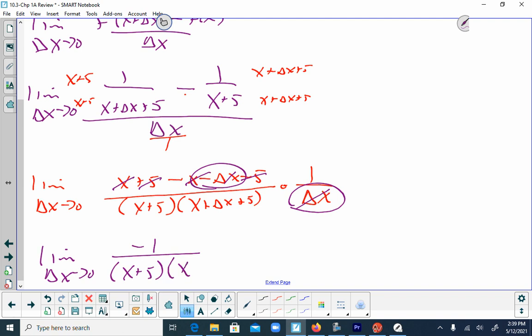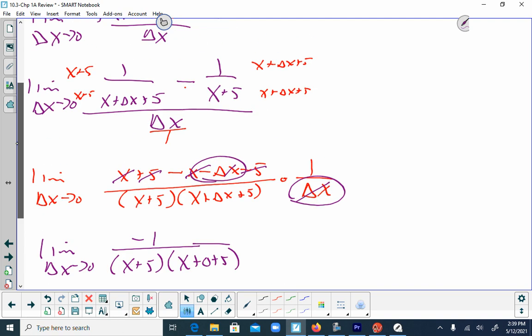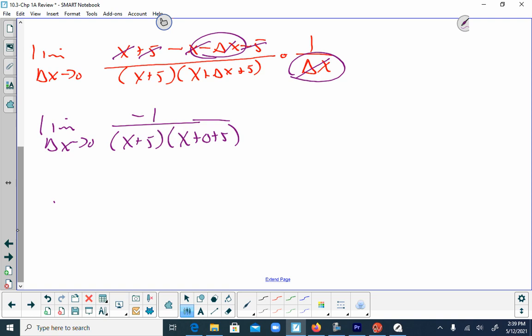So this will be x plus 0 plus 5. And then when I simplify that, my derivative, y prime, is going to equal -1 over x plus 5, and I have 2 of them, so it'll be x plus 5 squared.